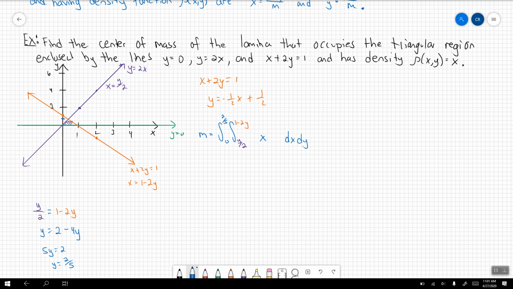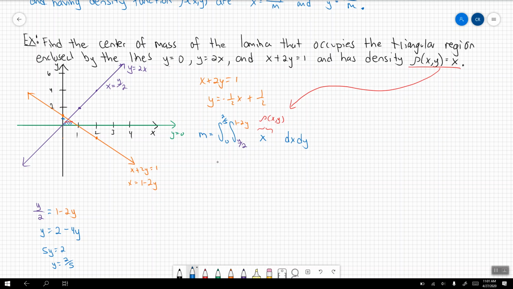So the density within that region is just x, because that's exactly what we were given at the beginning. We were given the density function, and that's what we're integrating over. Not just a region, but a region that has that specific continuous density.